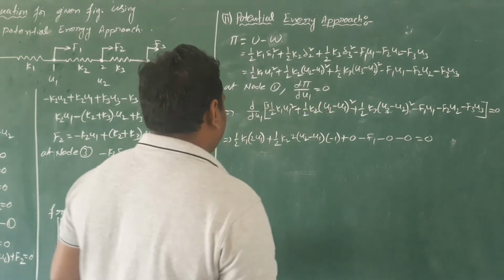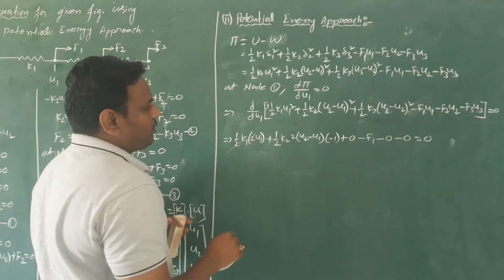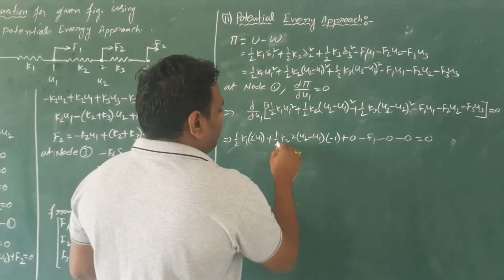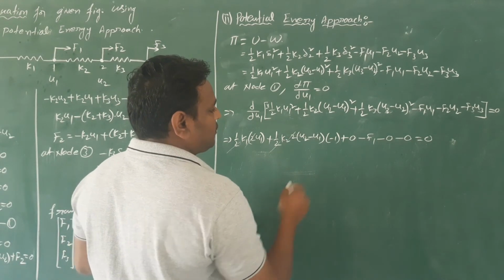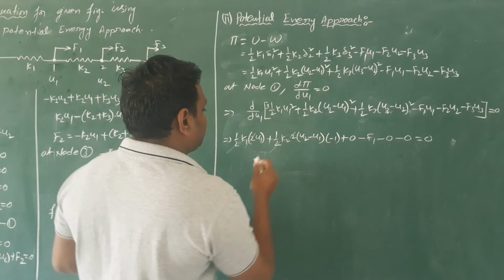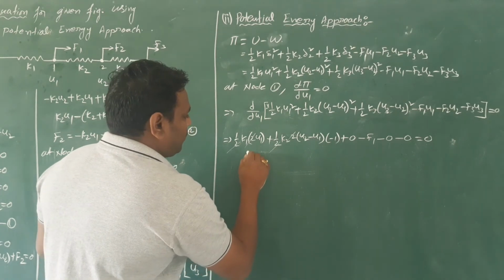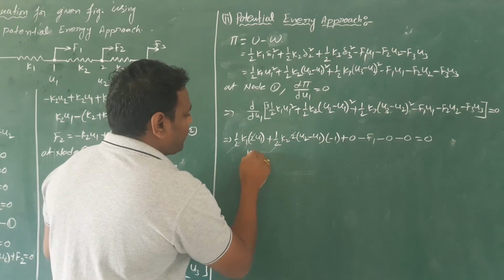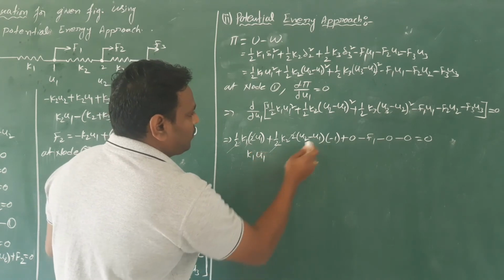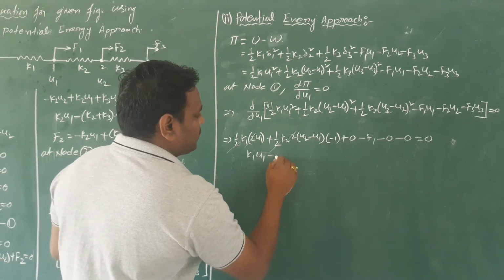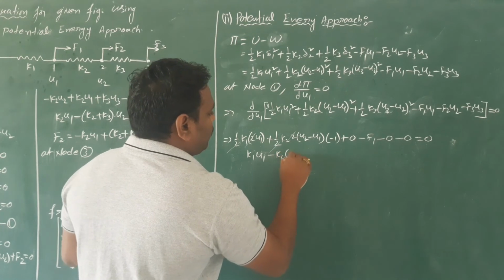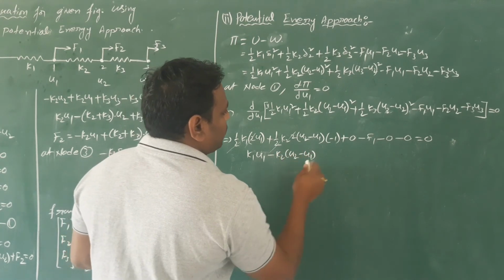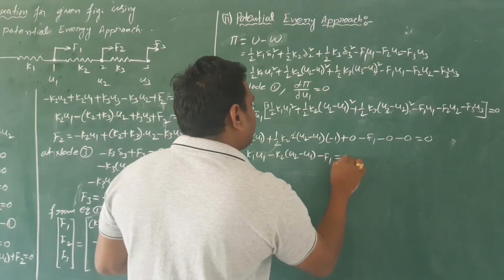So now here 2 is cancelled, and finally we got K1 U1 minus K2 (U2 minus U1) minus F1 equal to 0.